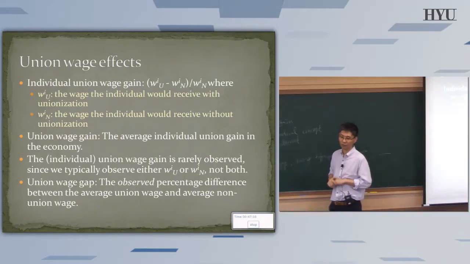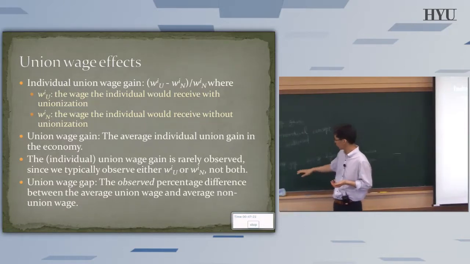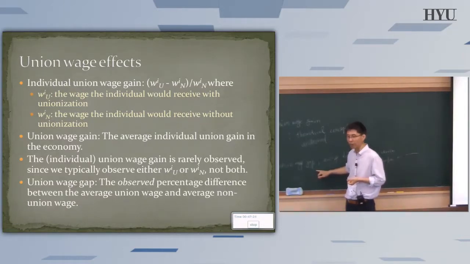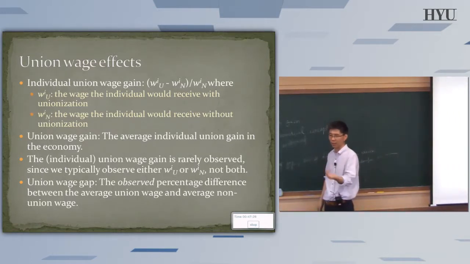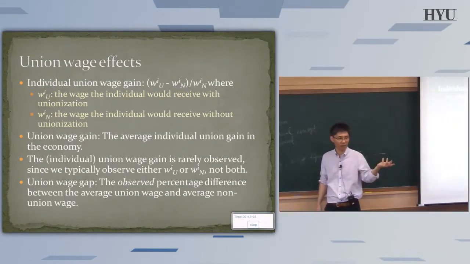So if a Samsung Electronics employee comes and asks what would be our average gain if we organize a union, then you can give them the number, the union wage gap. Because you are getting 5% less than, let's say, Hyundai Automobile workers, then it should be 5%, you can say.